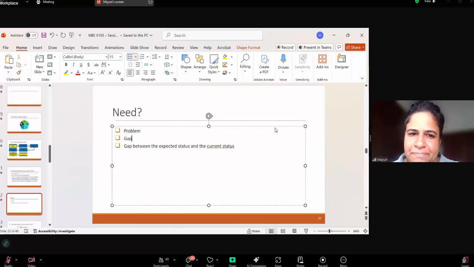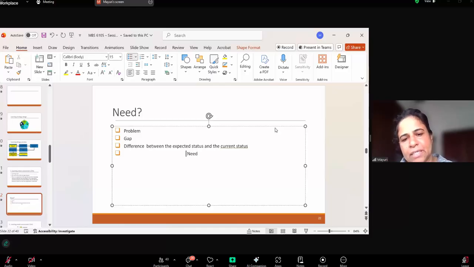Problem is a gap. Gap is the difference between expected and the actual. Get this very clear in your mind, right? So we came backward. We started with need.